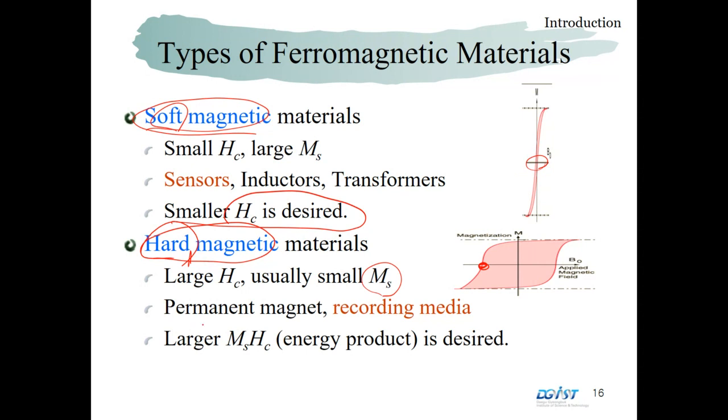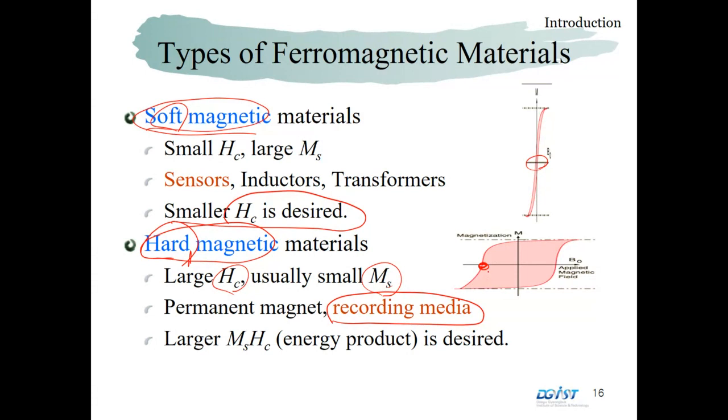In a permanent magnet, we need a large HC with a large MS. But generally, if we make a hard magnet, we obtain not that large an MS. And it is also important for recording media like hard disk drives and other recording materials.